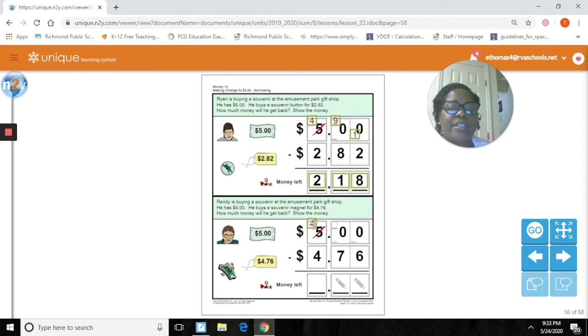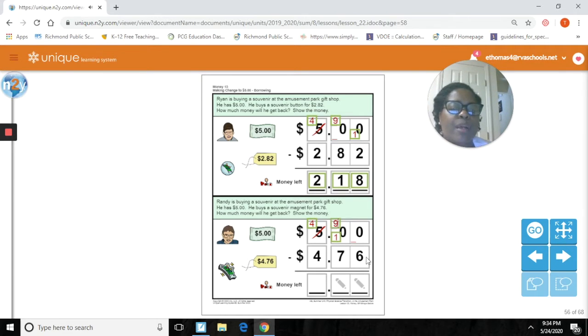Now, we took 1 from the 5. So we're going to take the 1 that we took from the 5 and put it right here. So that gets crossed out. Let's see what goes here. That's going to be 1. And then this becomes 9. Okay?